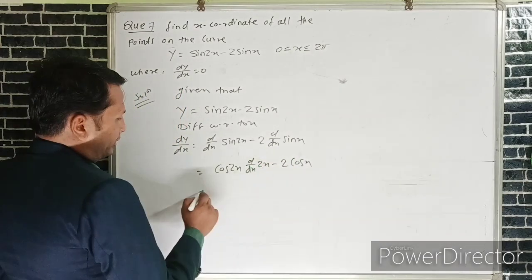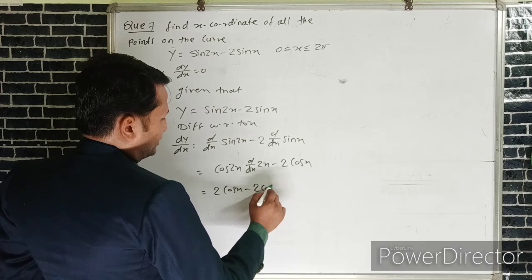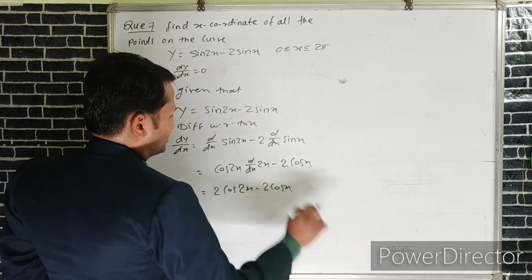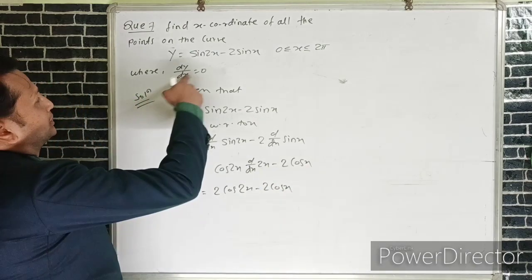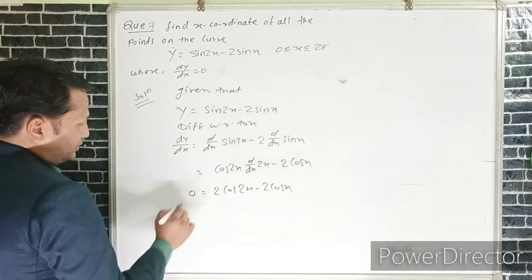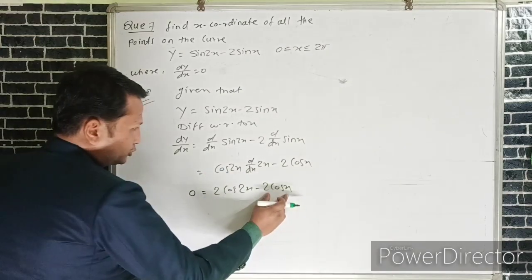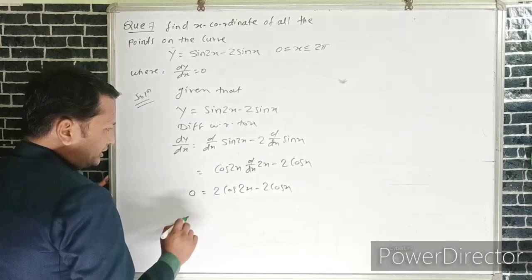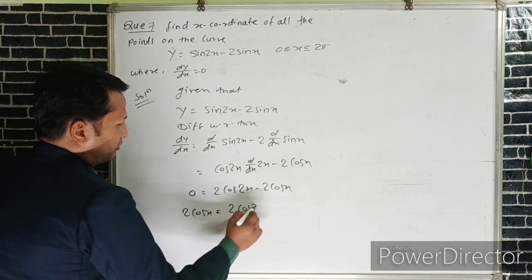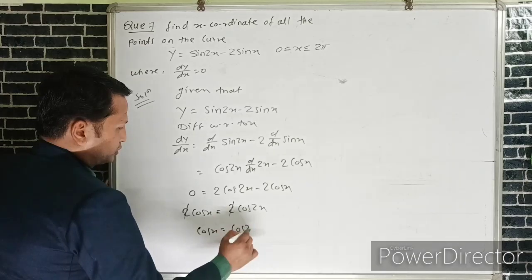Hence we can write dy by dx is 2 cos 2x minus 2 cos x. But by the given condition dy by dx is 0. If we take the minus 2 cos x to the right side, it becomes positive: 2 cos x is equal to 2 cos 2x. Here the 2s cancel, so cos x is equal to cos 2x.